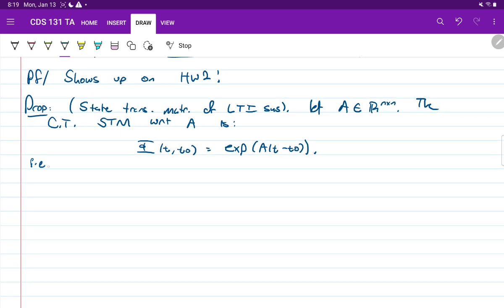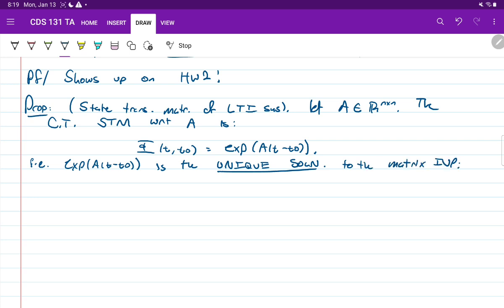In other words, exp of A times (t minus t naught) is the unique solution to the matrix initial value problem defined by x dot of t equals constant matrix A times x of t, and x of t naught equals the identity.